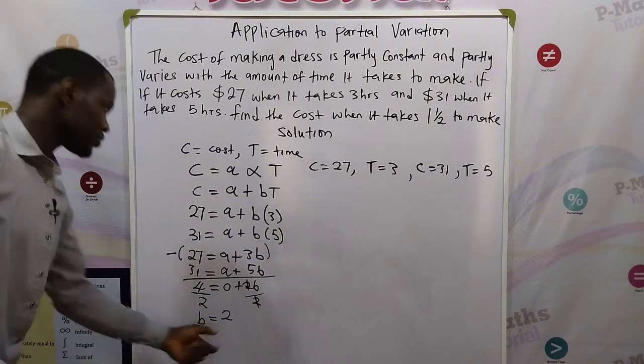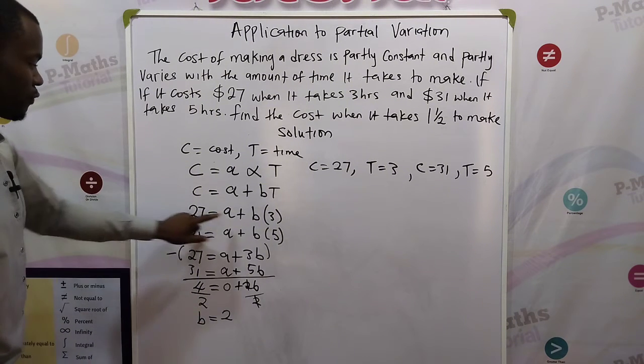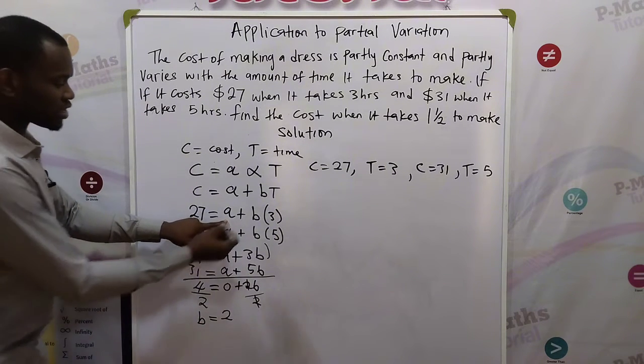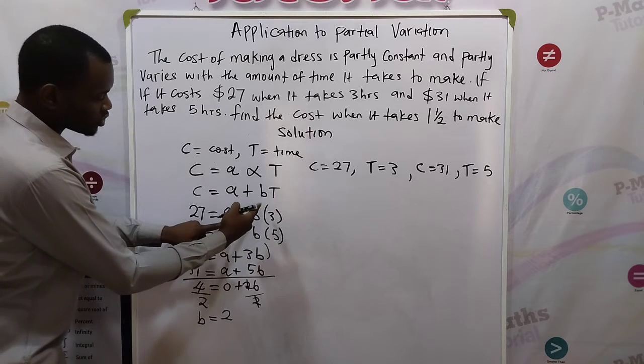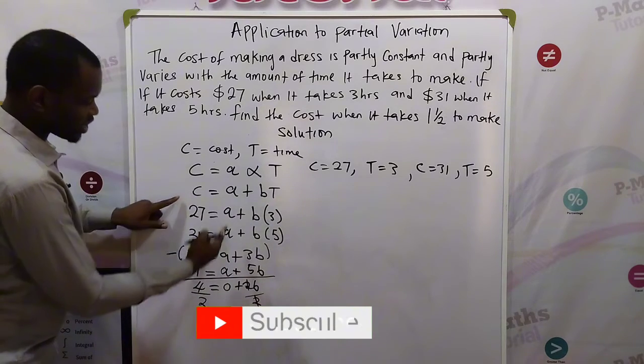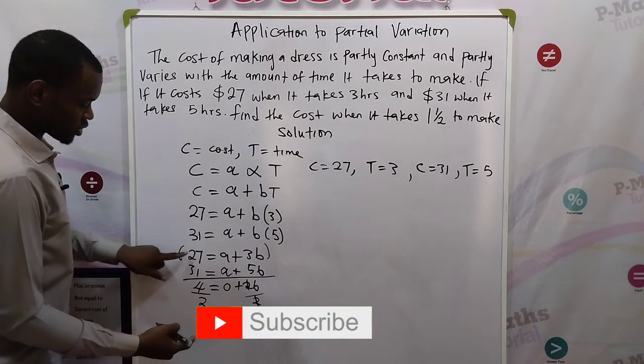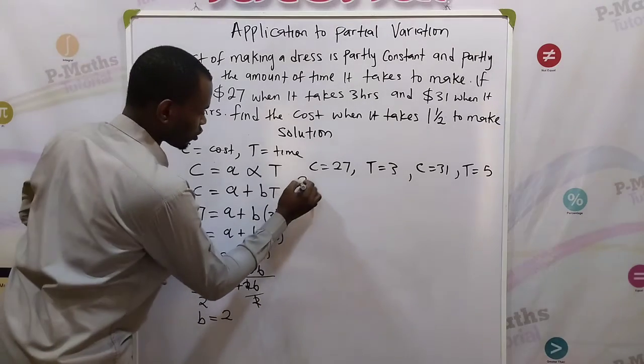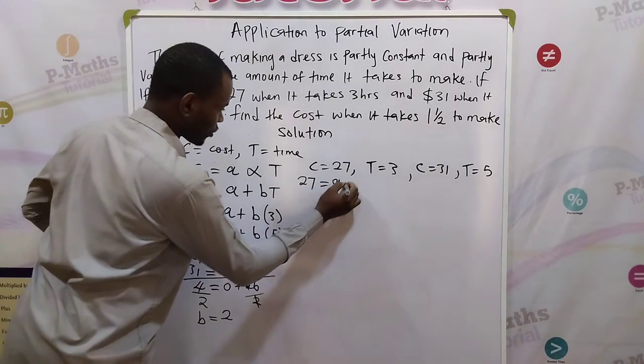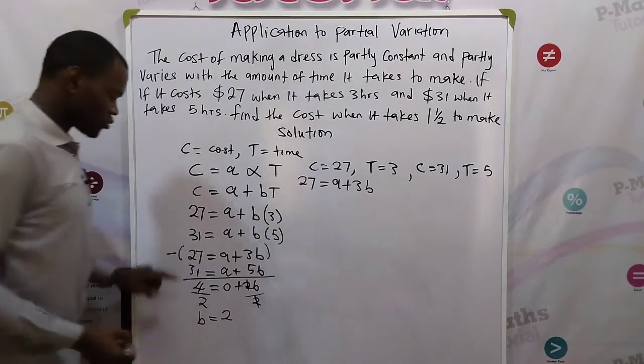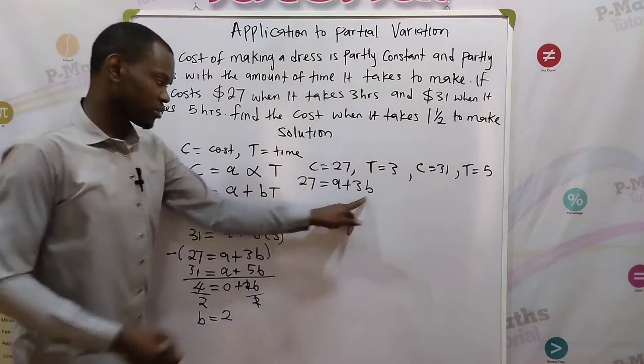Now that we have gotten B, let's get the value of A because we need to get the two constants. To get the value of A, substitute B in equation 1 or equation 2. Let me use equation 1. Equation 1 says 27 is equal to A plus 3B. So anywhere you see B, you put 2 there.